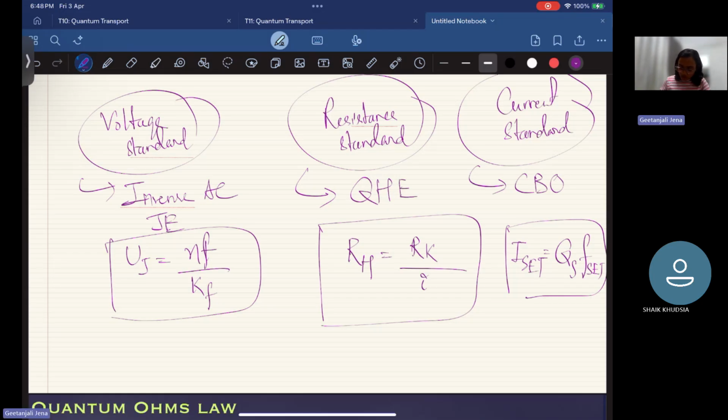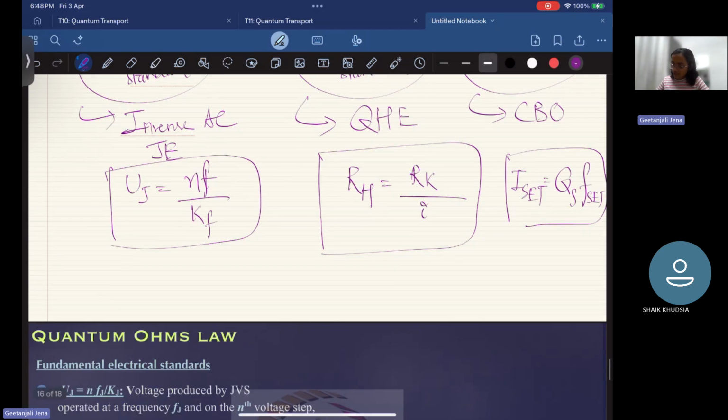Okay. So now let us combine all these together, the quantum version of Ohm's law. Give me a minute. Let me know if you have any doubt till now.